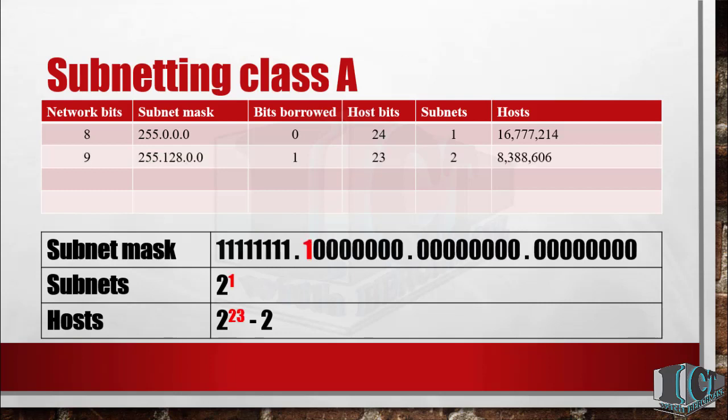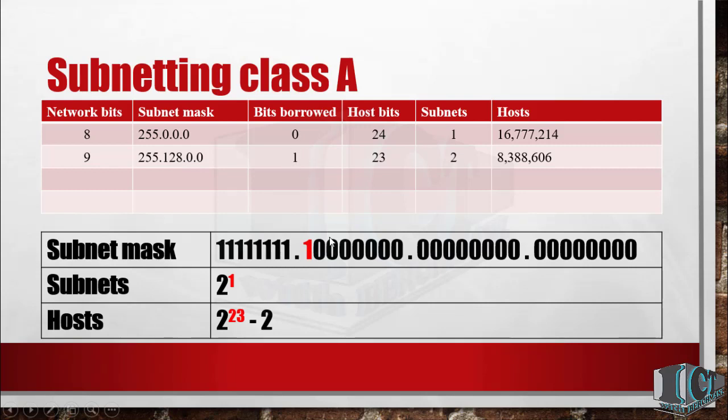Now let's say I borrowed one bit from the host side. I have indicated that in red here. Now the number of network bits became 9, 8 plus 1 becomes 9. If you are writing the decimal notation of this, the subnet mask would now change to 255.128.0.0. And I have borrowed one bit.